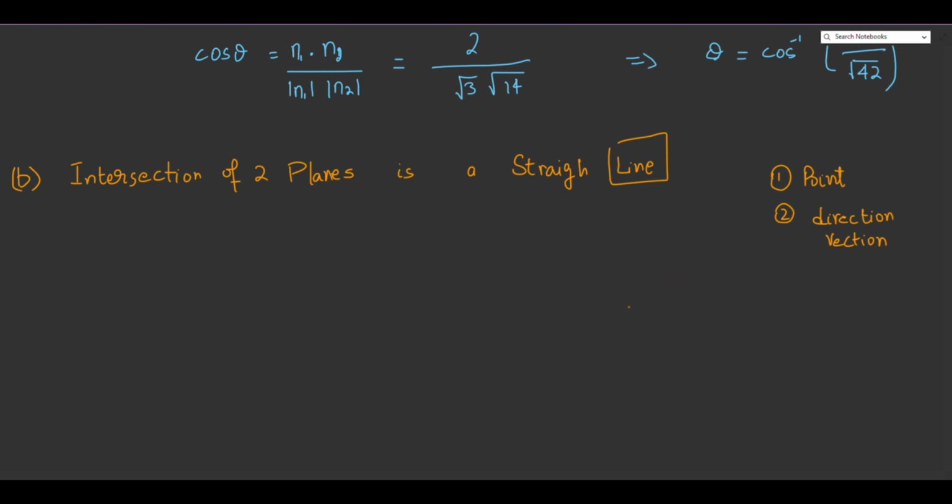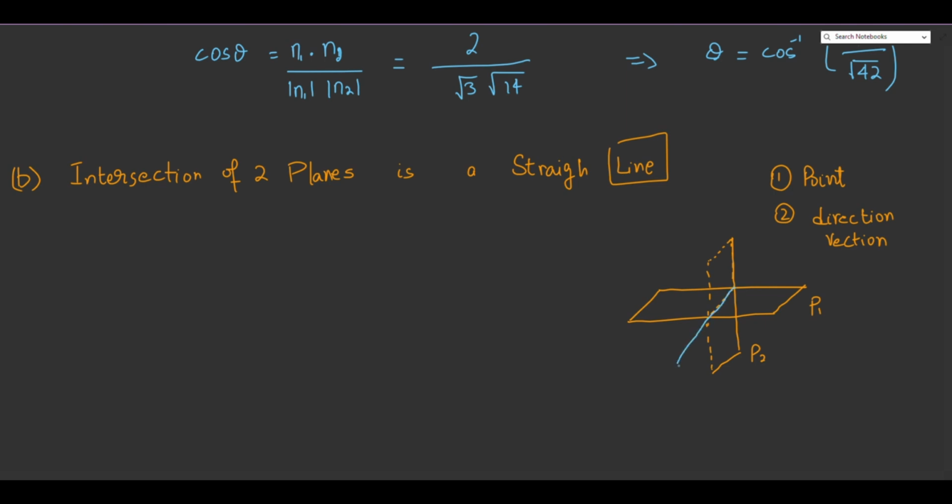So remember this. Suppose that this is the plane P1, and you can imagine like this, this is the plane P2, and the intersection of these two planes is a line.